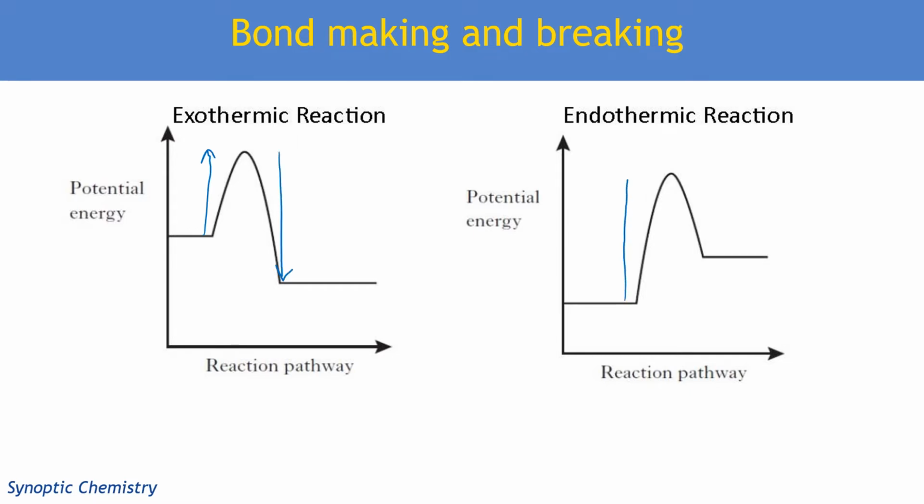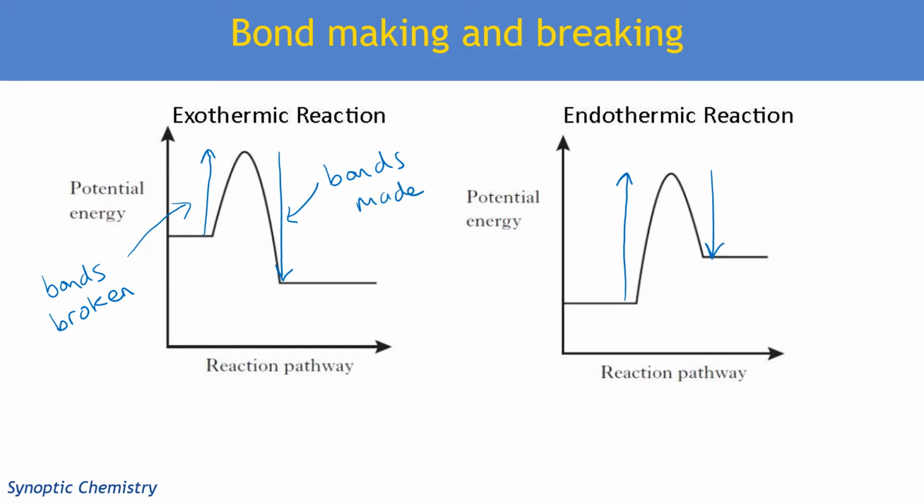And so when we draw our enthalpy level diagrams, we always have this up, which we often call activation energy, and then we have some energy that's given out. And that is because we always have some bonds broken at the start of the reaction, and then we have new bonds that are made.